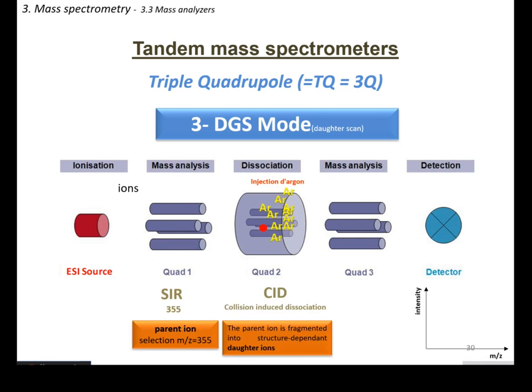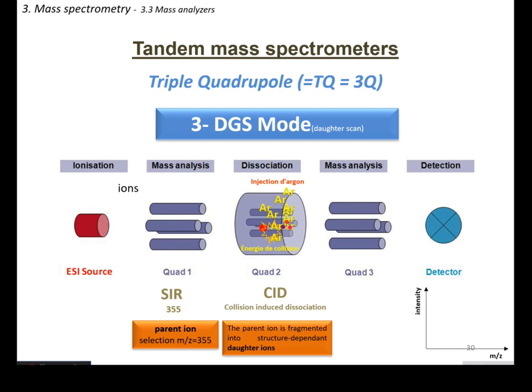And there, several things will happen. Argon is injected. It's an inert gas, so it's not going to change the ionization, but we add also some electric shocks, what we call a collision energy, and that will make the ion bump into the argon atoms that are in gas phase.